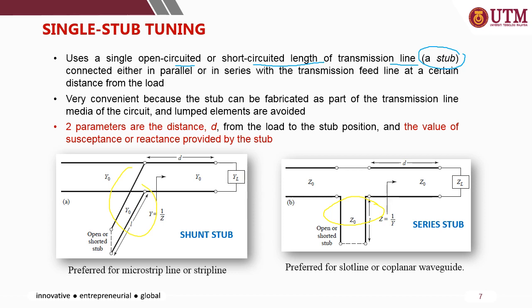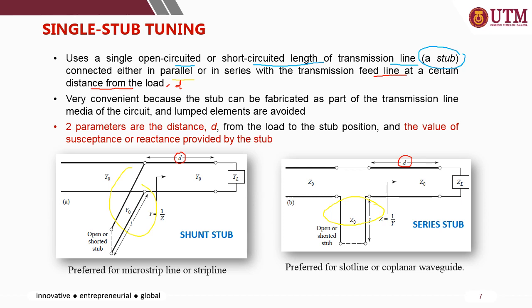It is either connected in parallel or in series to the transmission feed line at a certain distance d from the load. The stub is introduced at distance d from the load.